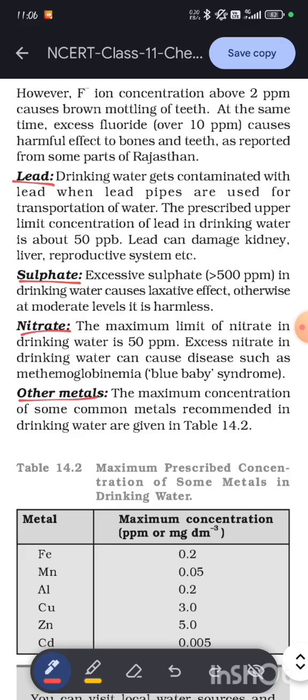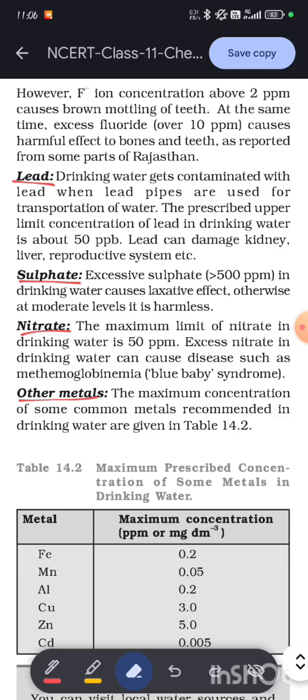Next is nitrate. The maximum limit of nitrate in drinking water is 50 ppm. Excess nitrate in drinking water can cause diseases such as methemoglobinemia, or blue baby syndrome. Next is other metals.